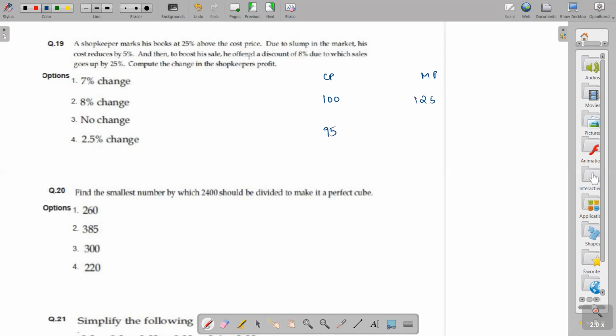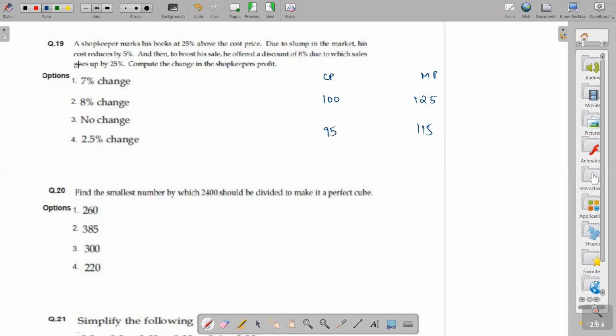And then to boost his sale, he offered an 8% discount. 8% of 125: 1% will be 1.25, 8% will be 10. Reduce it, minus 10. 125 minus 10 is 115. Okay, fine. This is what I have got.